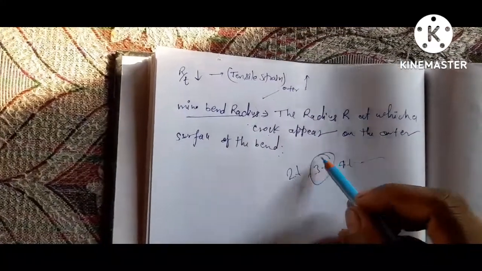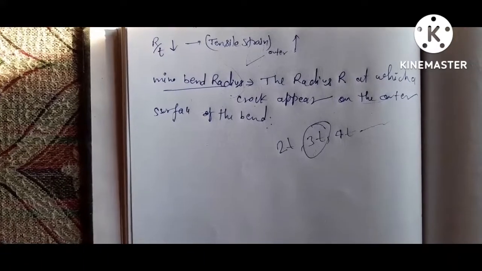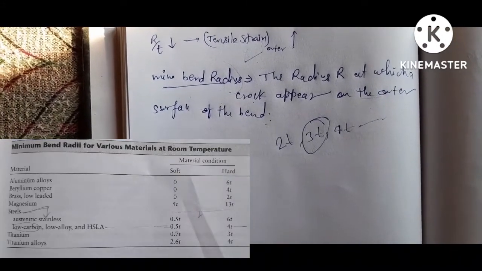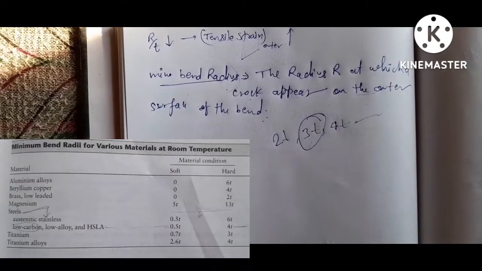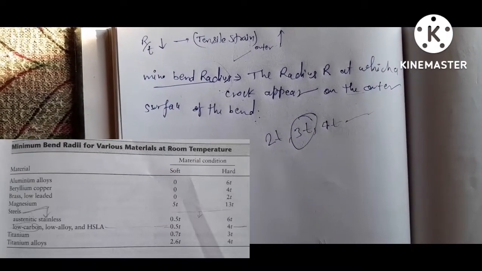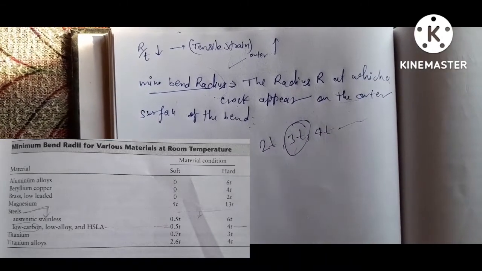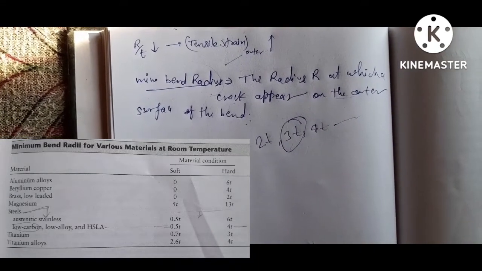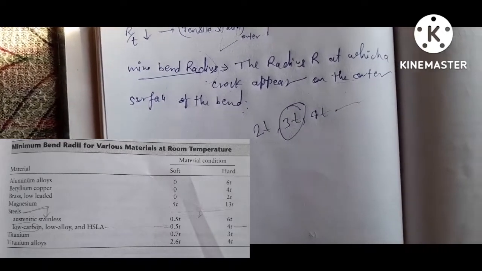What does it say? This indicates that the smallest radius to which the sheet can be bent without cracking is 3 times its thickness.